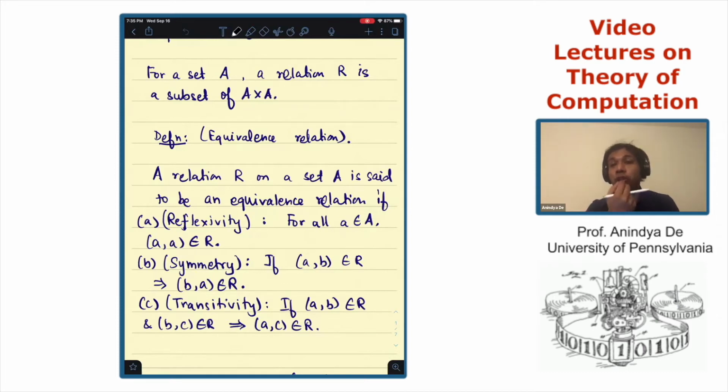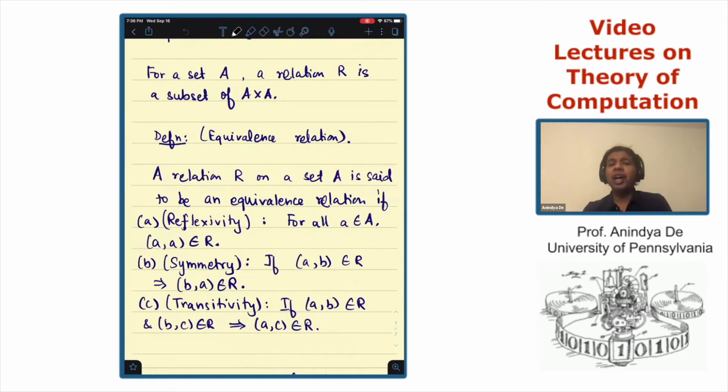Second is the notion of symmetry, which says that if a comma b is an element of R for elements a and b belonging to the ground set capital A, then b comma a is also an element of R. So in other words, even though we defined relation R to be a subset of ordered pairs over the ground set capital A, as far as an equivalence relation is concerned, the order is immaterial.